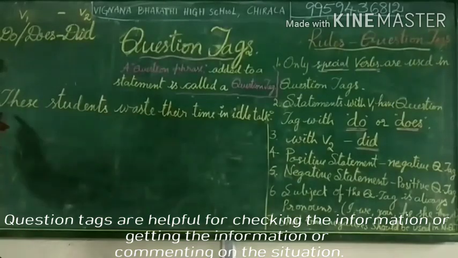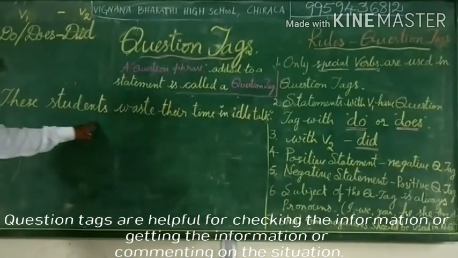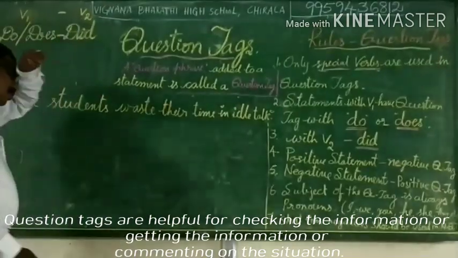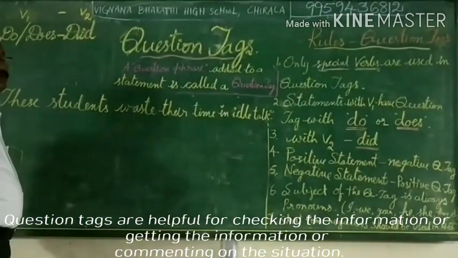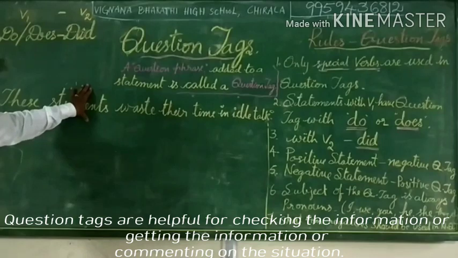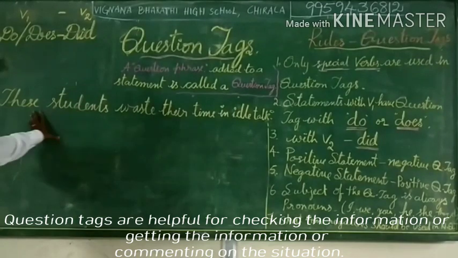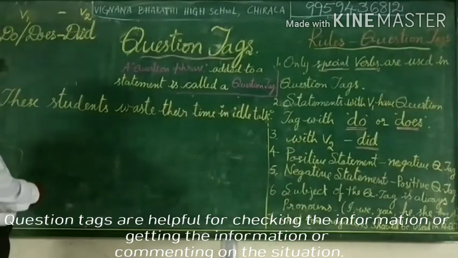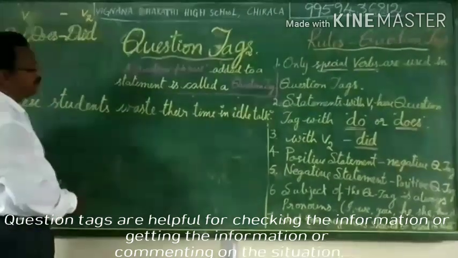Here in the sentence, these students waste their time in idle talk. We have to find two things here in the sentence. First of all, whether it is a positive or a negative statement. There is no negative sense here, and then the verb part.